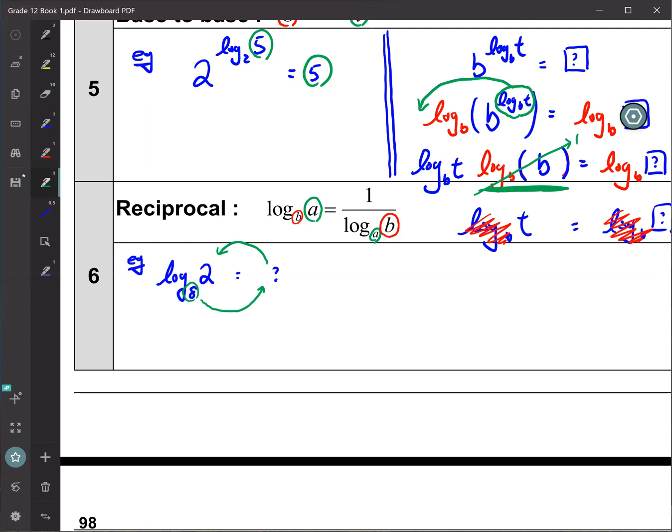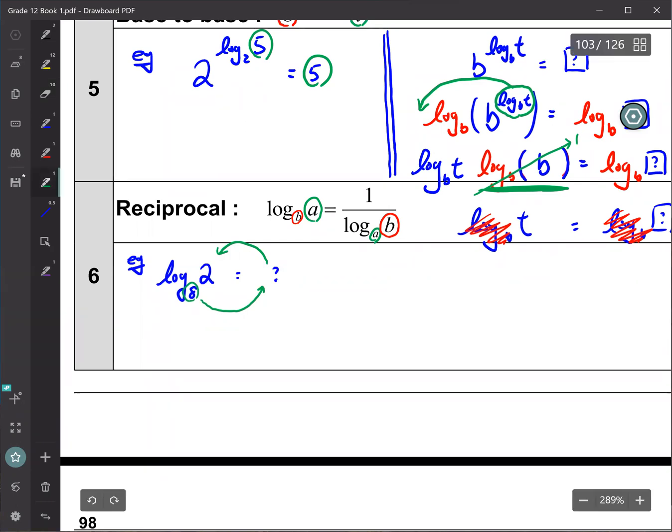Think about it. Elaine, what do you think the exponent should be? A third. A third, right? So a third is like a cube root. Very good.